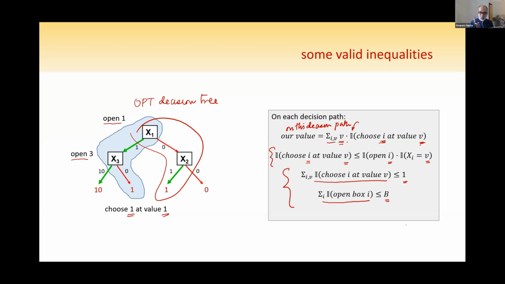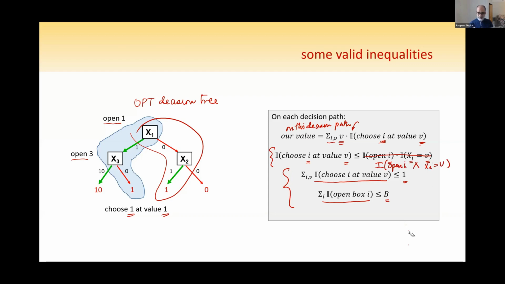There's one little thing here that I want you to see. This is because of independence. What I should say is it's the indicator of open i and xi equals v.